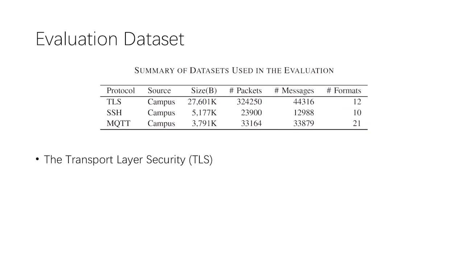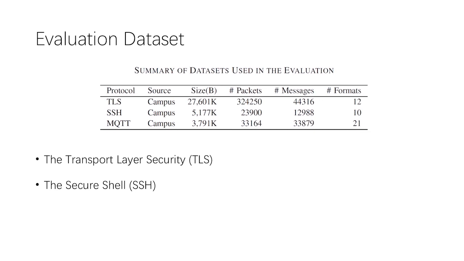We evaluate the inspector on three widely used binary protocols, namely TLS, SSH, and MQTT. TLS is a binary application protocol that primarily aims to provide privacy and data integrity between network communication parties.